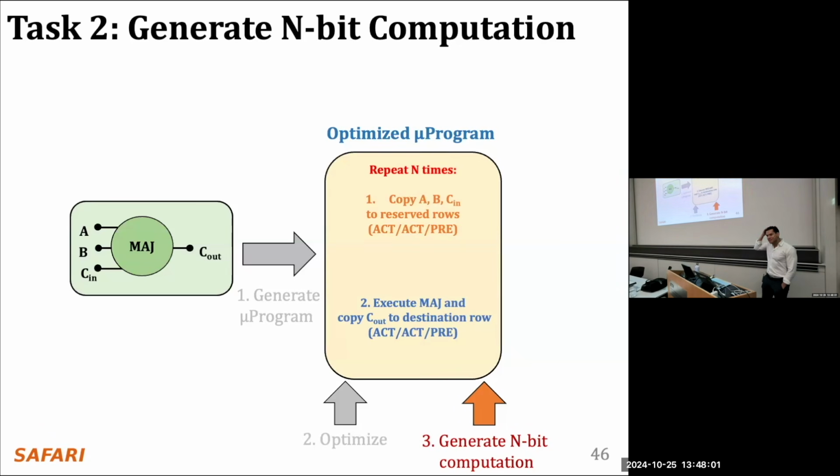If it's something simple as addition, we can just repeat this process here as the number of bits that you have. If it's a little bit more complicated, because your computation might depend on some of the bits that you just computed, you might have some control as well inside this microprogram.